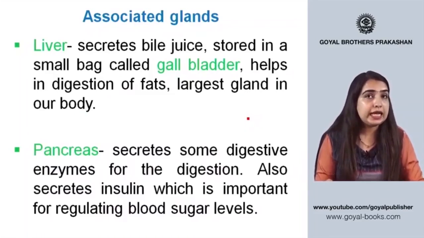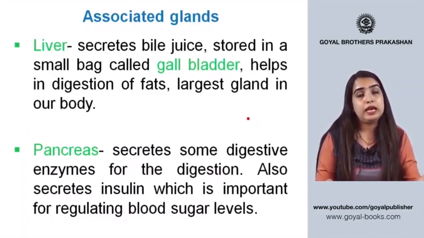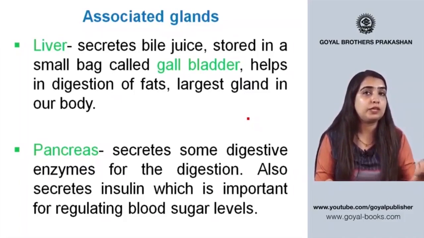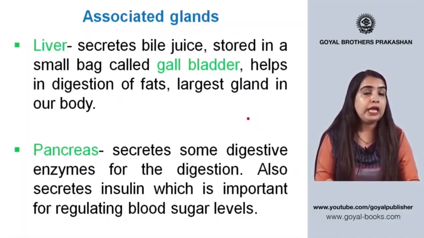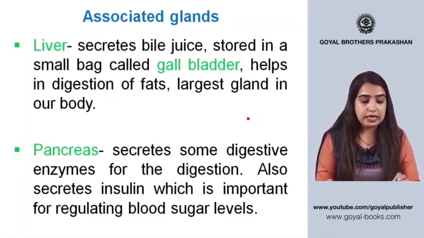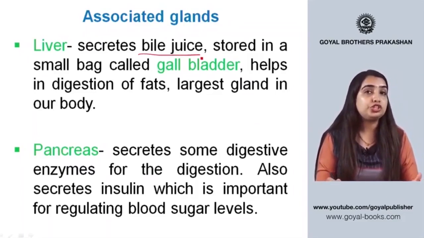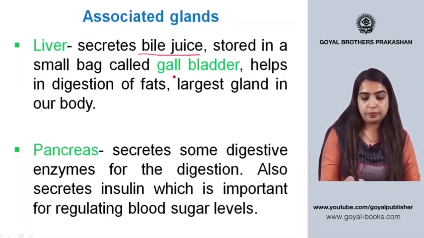Now, the associated glands: we have already discussed salivary glands, which produce saliva, which further has amylase in it, and amylase acts on starch to convert it into sugar or maltose. Now, the liver is another associated gland because it secretes bile juice, which is stored in a small bag called the gallbladder.